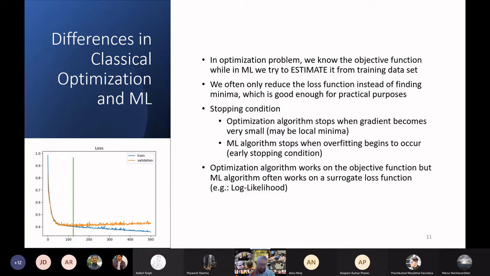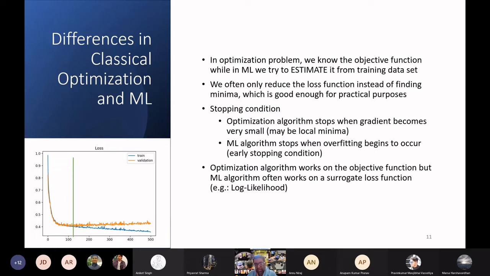And finally, optimization algorithm works on an objective function, as we told, but many times the machine learning algorithm works on a surrogate loss function. An example of a surrogate loss function is log likelihood, in which case we take a logarithm of the actual error function. And the advantage is it's difficult to calculate a product, but by taking log, we convert a product function into an additive function, which is easier to deal with.